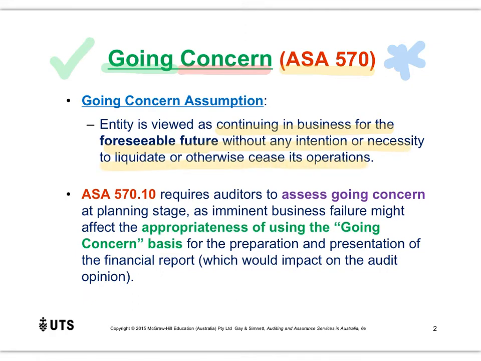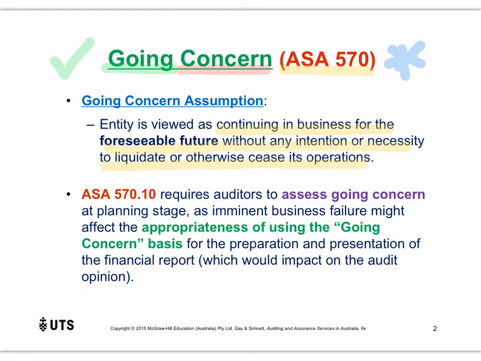Now, to add a few more details to that, going concern is essentially about making sure that the company can pay its debts as and when they fall due. That is why we're saying that they will continue operating into the future. So they'll be able to settle any debts that they have, and therefore will continue to operate, and will continue making sales, and therefore will continue operating into the future.